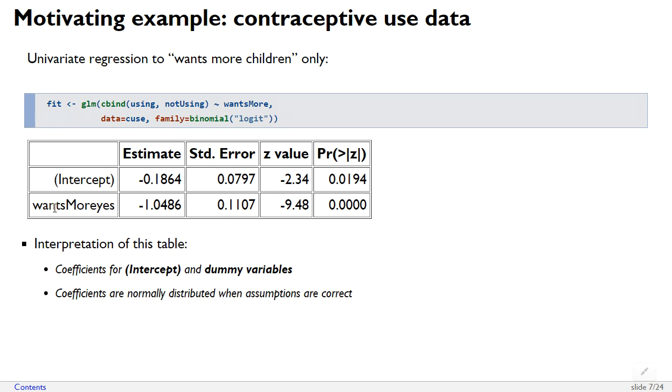Yeah. So you said that the estimate for wants more is the difference in the two. So would you do the difference in those two estimates and then do the probability? So what you're describing to me, this difference is the difference between the two groups.